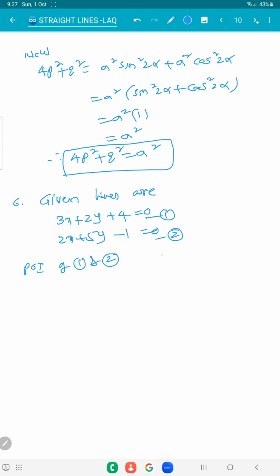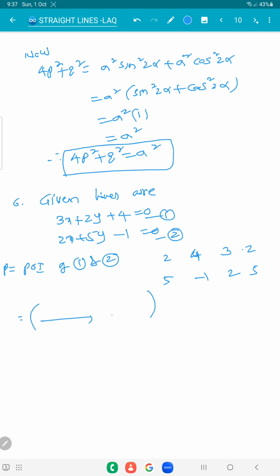Cross multiplication method only. Let us understand what it means. Cross multiplication: 2, 4, 3, 2; 5, minus 1, 2, 5. Let P be the point of intersection. Listen.